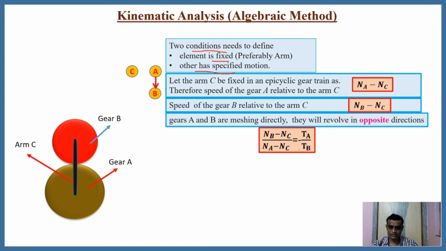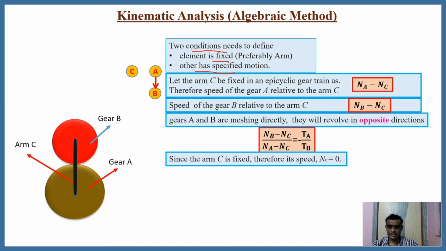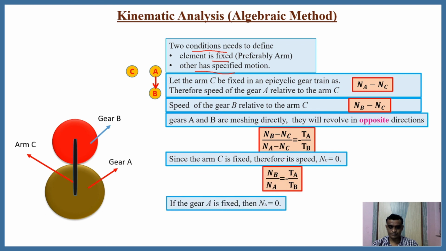This is your first condition. If you take NC is equal to 0, speed of this arm is equal to 0, you can find NB upon NA is equal to minus TA upon TB, that we already studied in the tabular method. In the second condition, if gear A is fixed, that means NA is equal to 0 in this equation.